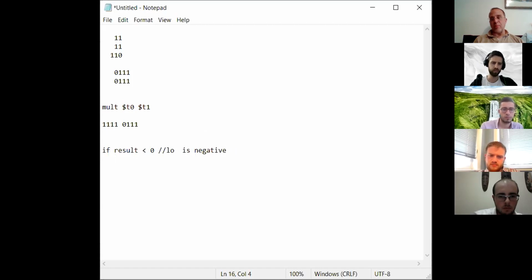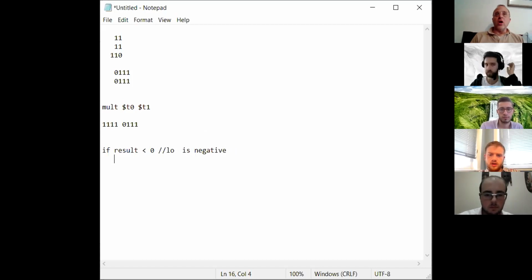Remember, in 2's complement, what should the high register be? Also negative. Well, negative is not enough. It could be like negative 34. It has to be exactly -1, which is what? All ones. It has to be exclusively sign bits, no value bits.